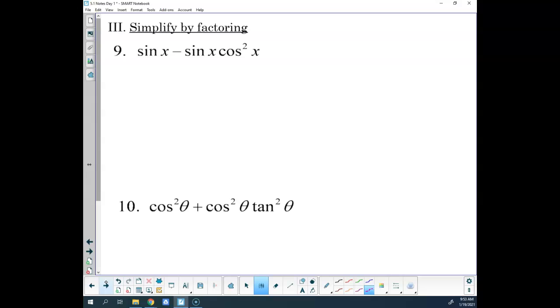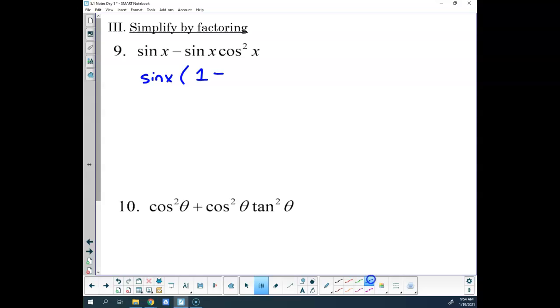We might have a little factoring action to do, a little algebraic type things. We like the algebra. If I see that both terms have a sine of x in them, I can factor that out. Greatest common factoring. If I factor out a sine of x from sine of x, I'm left with 1.